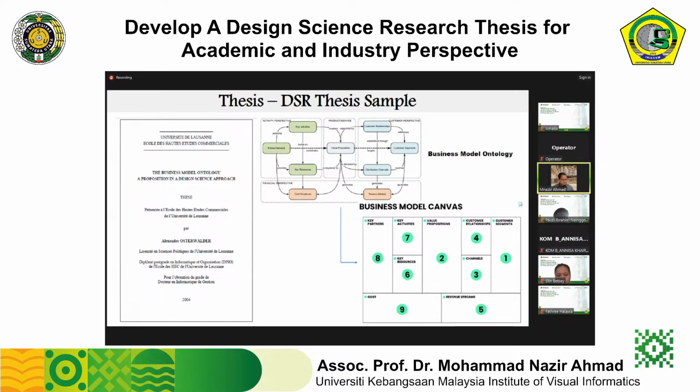So the business model ontology was actually built based on a design science research thesis. I share this thesis in my Google folder.